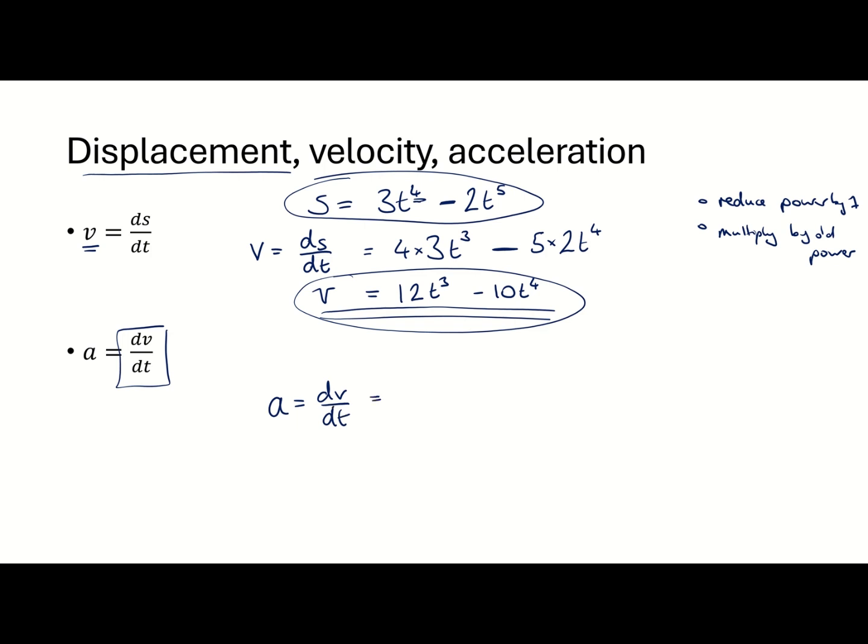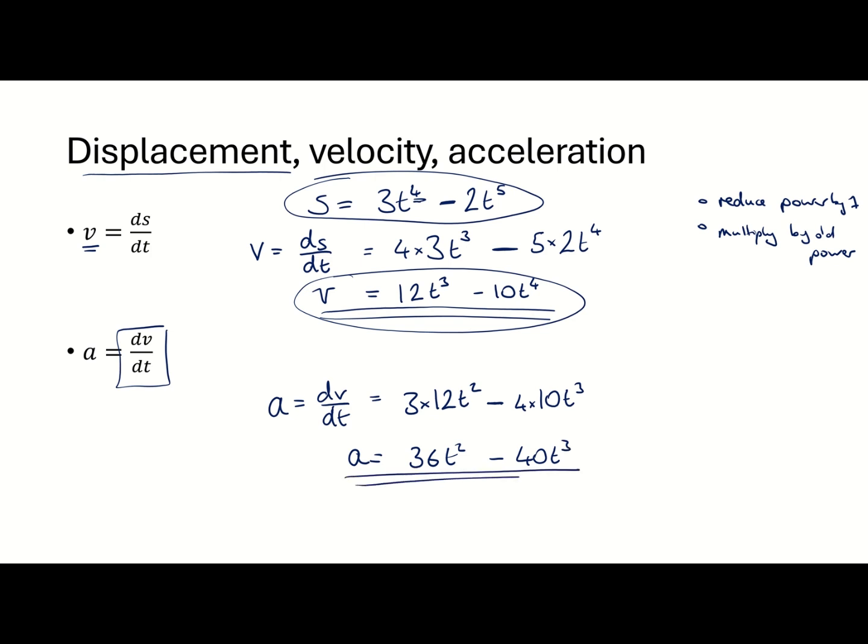And if we follow those same rules again, we have 12t squared, but I need to multiply by the old power, so 3 times this. Here I'm going to have 10t cubed. I need to multiply by the old power, so multiply by 4. But I mustn't forget the fact that I've got a minus sign, so I'll put the minus sign there again. So my acceleration would be, let's tidy this up, 3 times 12, 36t squared minus 40t cubed.